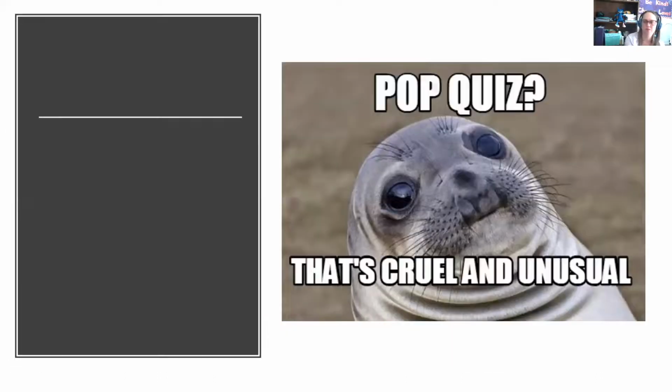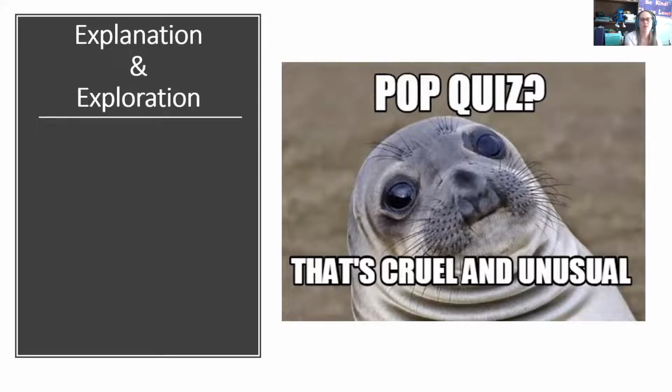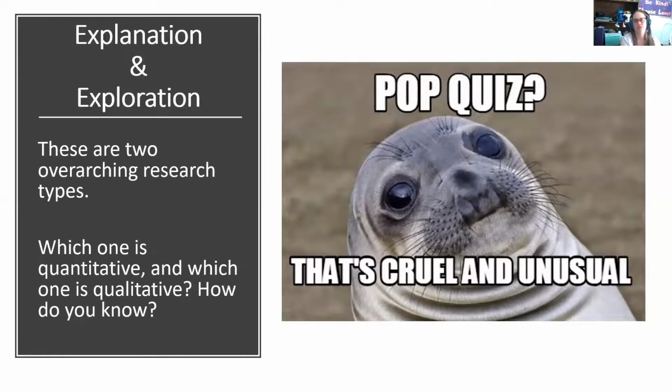All right, now pop quiz. In the book, it talks about explanation and exploration. These are 2 overarching research types. Which one is quantitative and which one is qualitative, and how do you know? If you said that the explanation is quantitative and the exploration is qualitative, then you are correct.